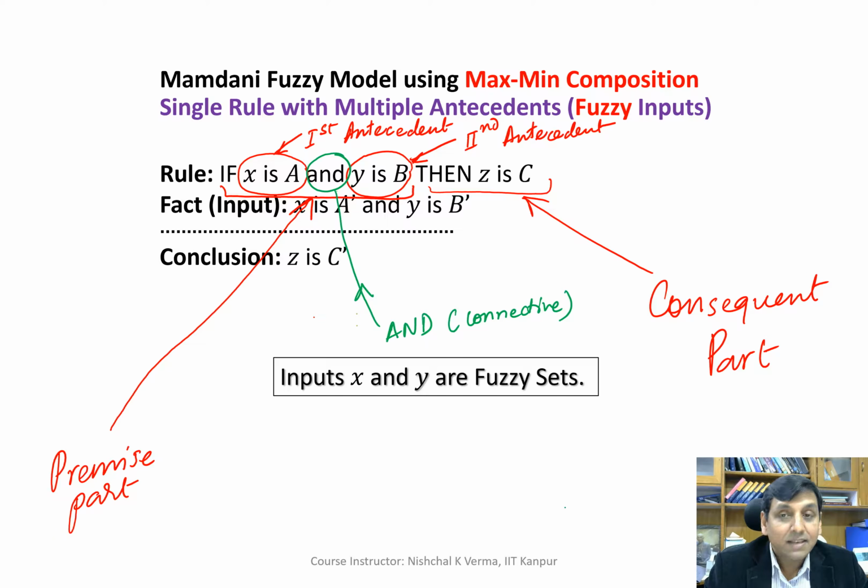Or x and y can be the crisp inputs, and then here also we can have max min composition and max product composition. So let's now go ahead and see the various cases.